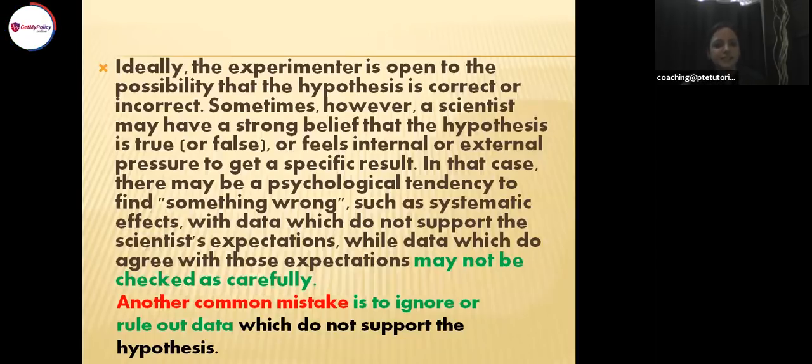Another common mistake is to ignore or rule out data, and how will we do that? This whole part from here to here is just telling me the picture of how one experimenter, one scientist can ignore the data and do something wrong while performing an experiment. And the last line will be that one, this lesson.